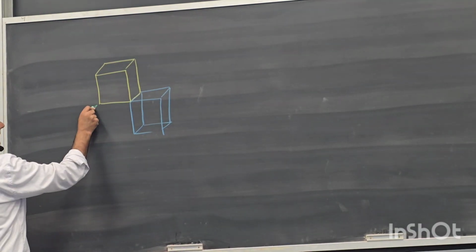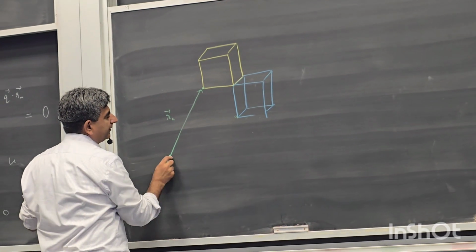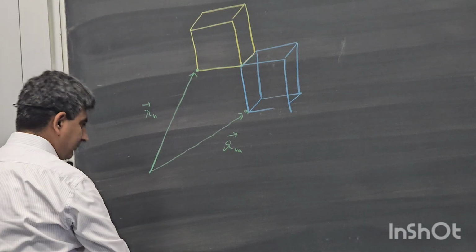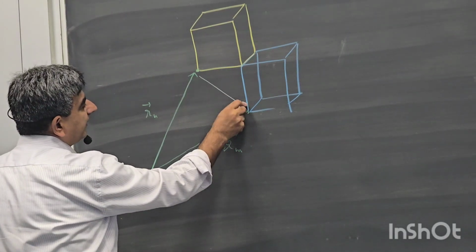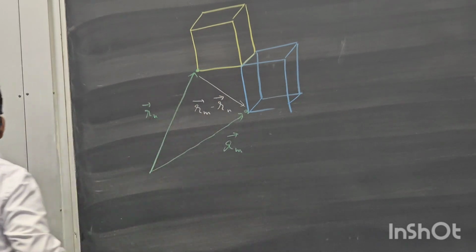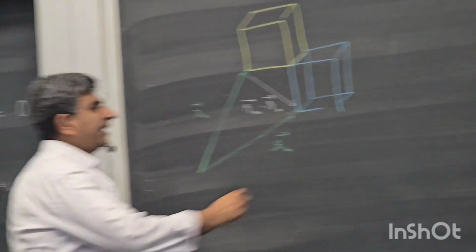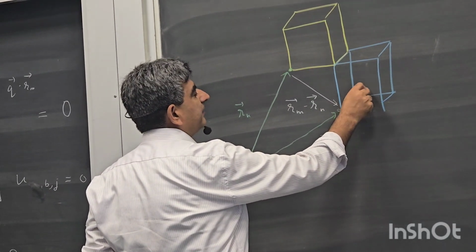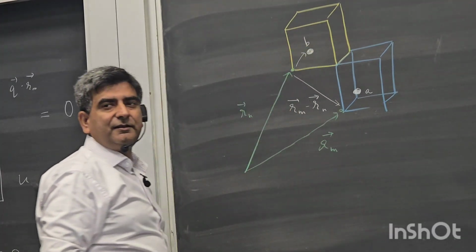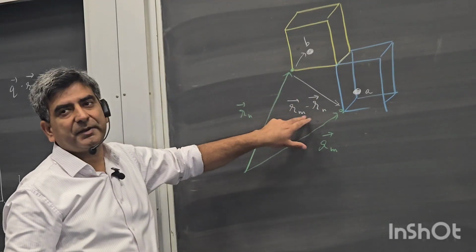And suppose this is Rn, this lattice point is Rm. So Rm minus Rn is this displacement, correct? This displacement here, Rm minus Rn. And there is an atom here, say A here and some atom B here. So it's really the interaction between these two atoms belonging to two unit cells separated by M and N.